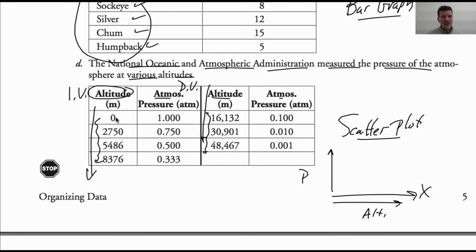You'd be able to see that as altitude increases, the pressure is going to go down. So it's going to be an inverse relationship. As the altitude goes up, the pressure is going to go down, and your trend line, I should say, is going to look like that. You're going to have points that tend to decrease as the altitude is increasing.